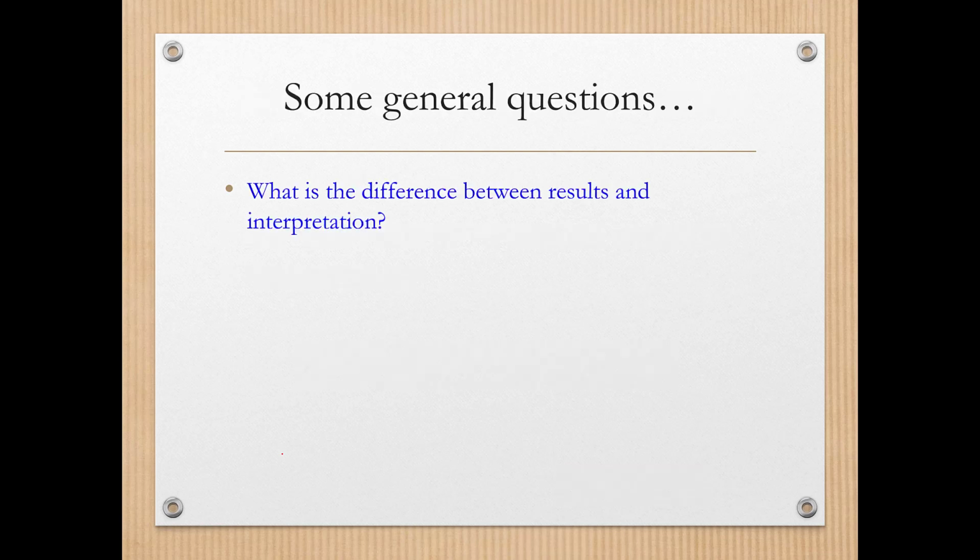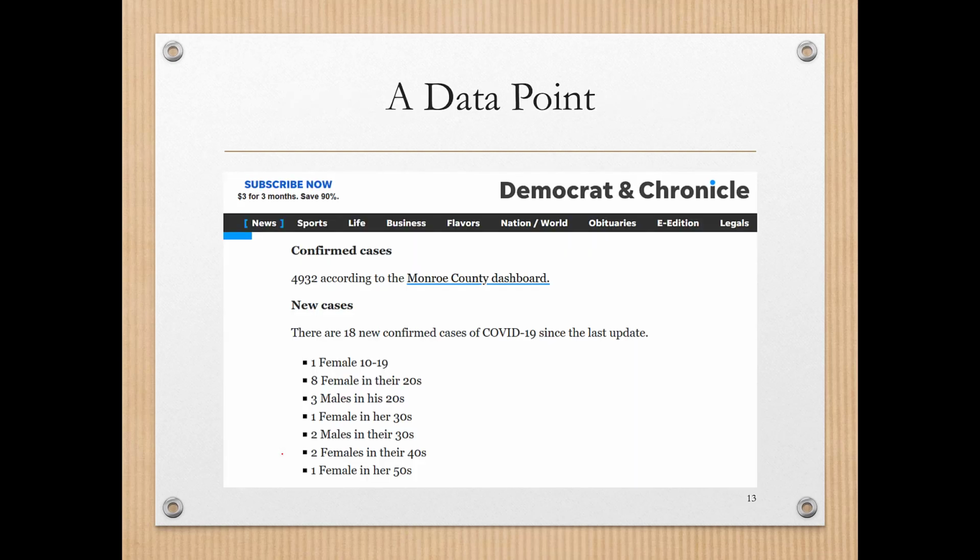So what's the difference between results and interpretation? We may run an experiment, we may get some data. What do we do with that data? So I wanted to give you a few pointers as to the difference between data and interpretation. As a scientist, we communicate our understanding, we create knowledge in the world around us. So let's look at a very recent example.